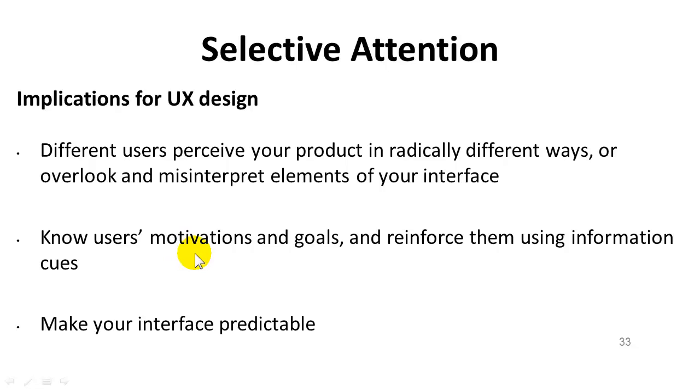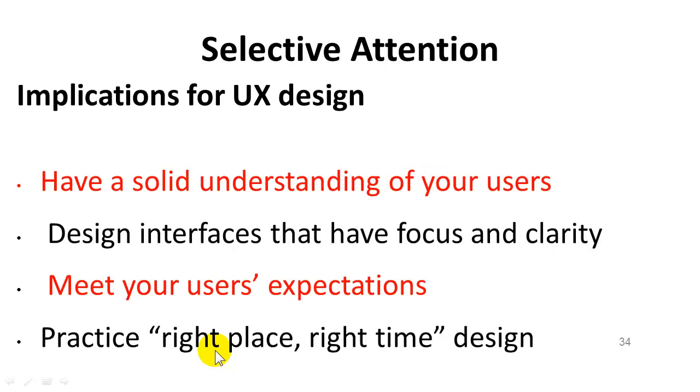Therefore, knowing the motivation and the goals of the user and reinforcing them using cues helps make your interface more predictable for the user. Again, having an understanding of your user gives you the ability to design interfaces that have more focus and clarity. Understanding their expectations allows us to put the right information in the right place at the right time.